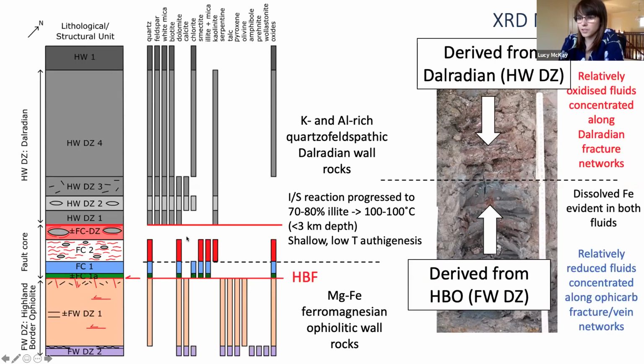So it's suggesting that these gouges are derived from the Highland Border Ophiolite units, whereas the mineralogy of the red clay was a bit different. There was no chlorite in this, and it was illite, smectite and kaolinite. So that has a similar mineralogy to the Dalradian wall rocks in the north. So it suggested that the red clay was derived from the Dalradian. So there are two different mechanisms going on in forming your clays.